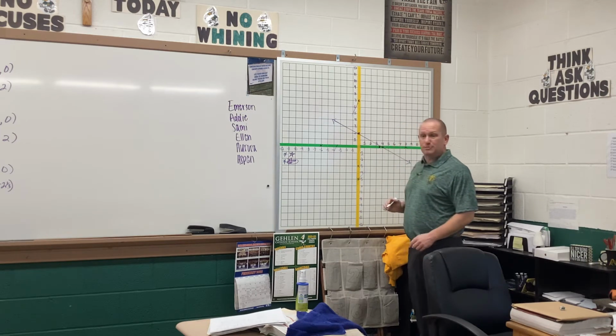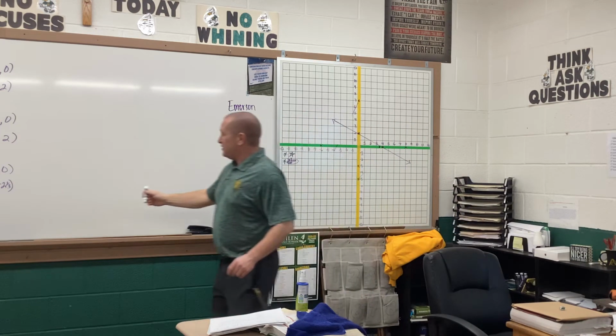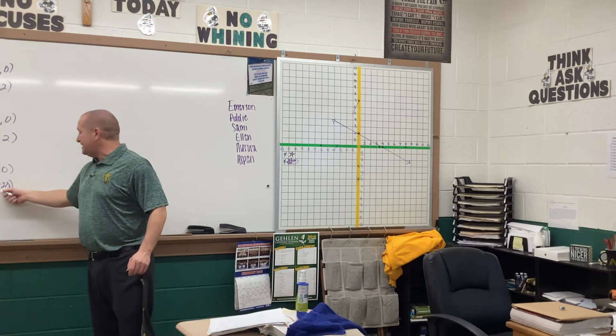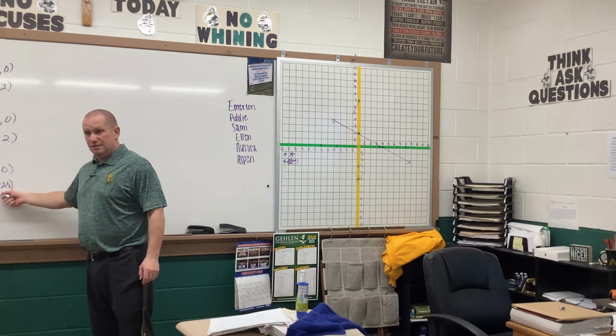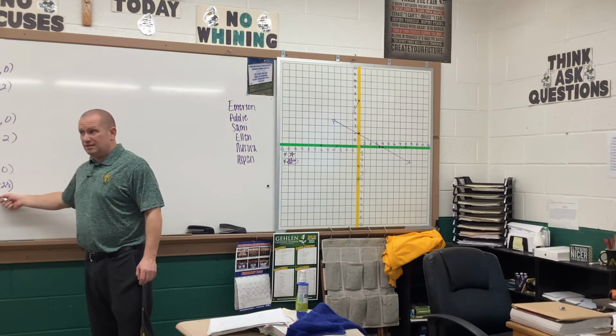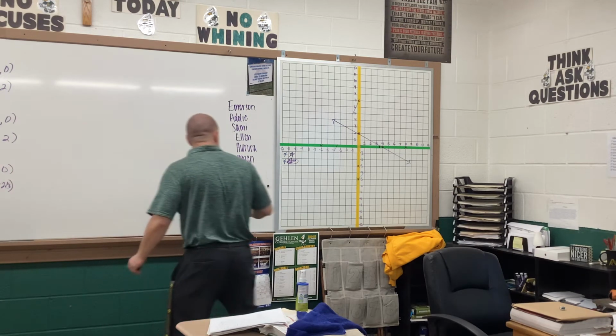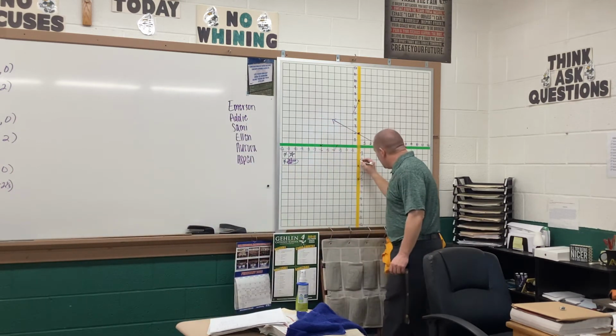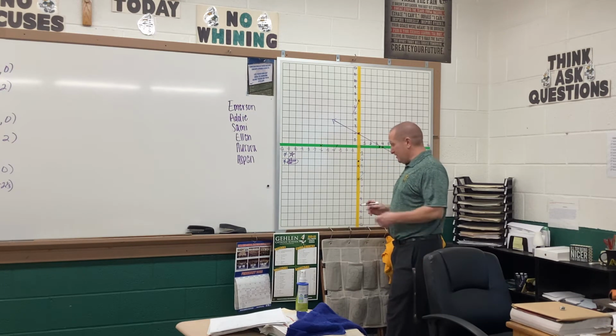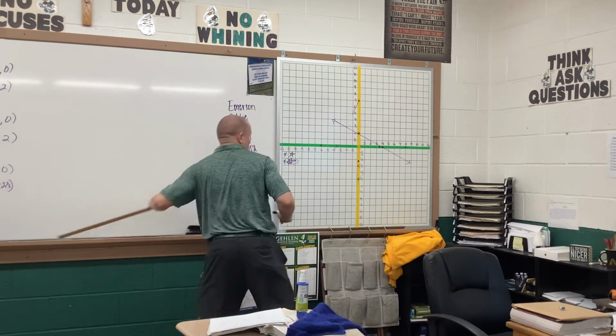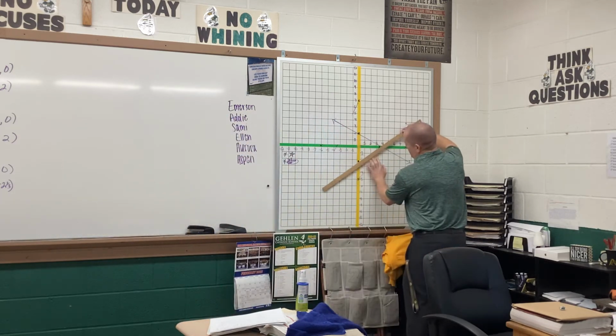So that one's probably not too bad. How do I graph the second point? 0, comma, negative 2 and 1/3. Up, down, left, or right? Down 2, and then 1/3. So it's got to be not quite half, but right in between that and half. And then I would still take my ruler and connect my dots.